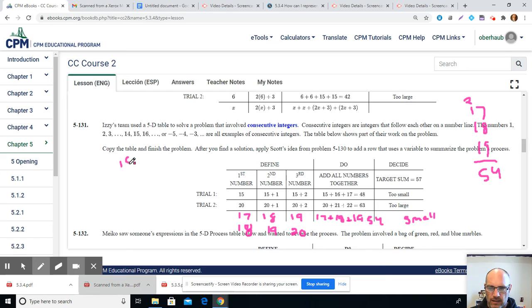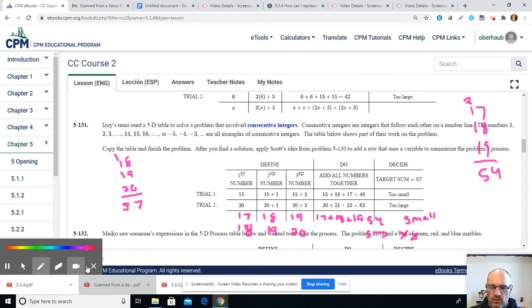And let's see, what do I get when I do an 18, a 19, and a 20? That gives me 17, carry a 1. That's 3, 4, 5, 57. Perfect. So I got 57 here. So I know that that is the right answer. So 18 is my first number, 19 is my second number, and 20 is my third number. So we finished the table.